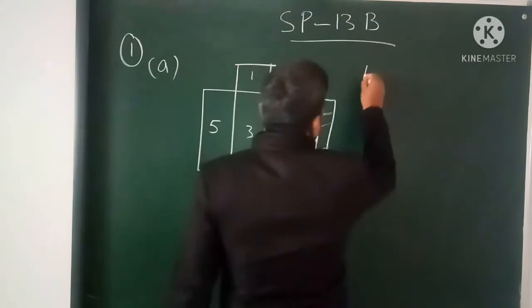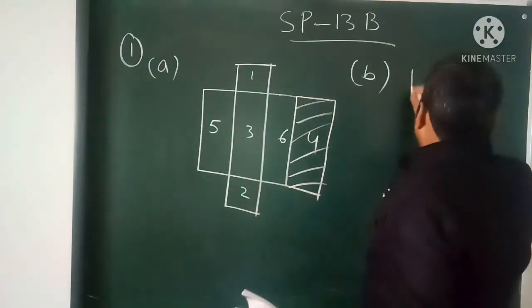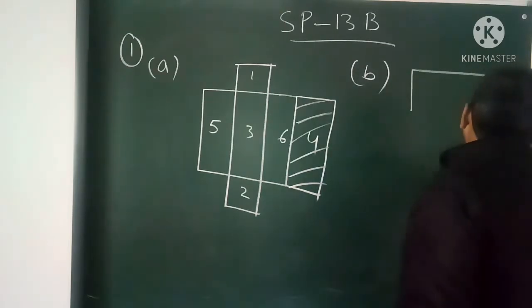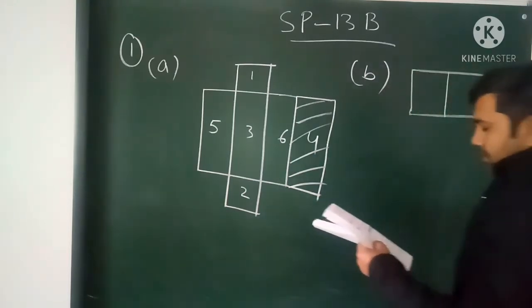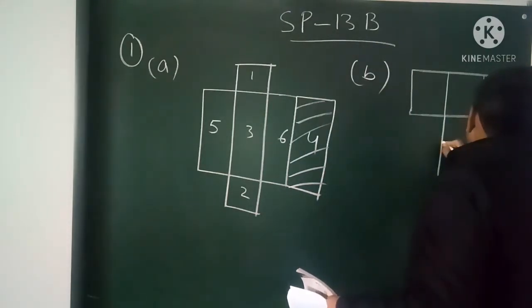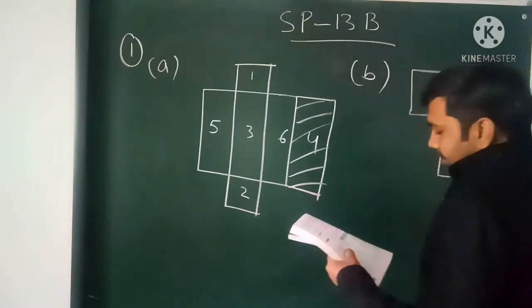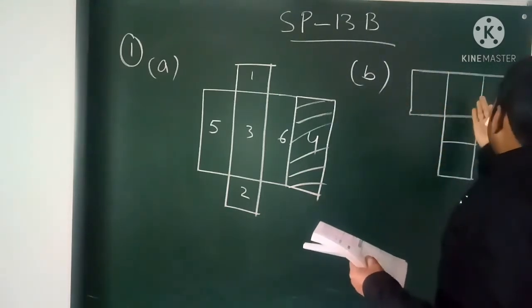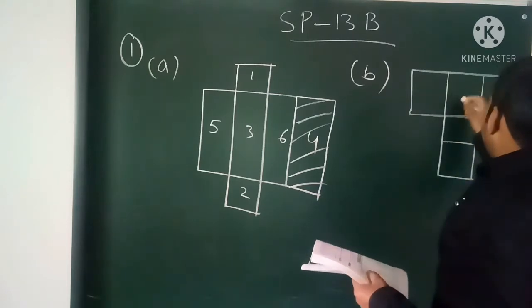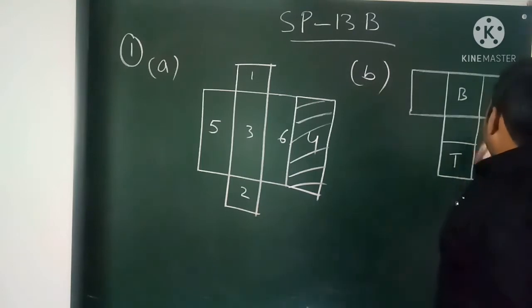In the B you have a cube. There you find three squares, and at the bottom 2 squares. So here also you can turn this, this is the top and this is the bottom. This is the base, and this is the top, its opposite.